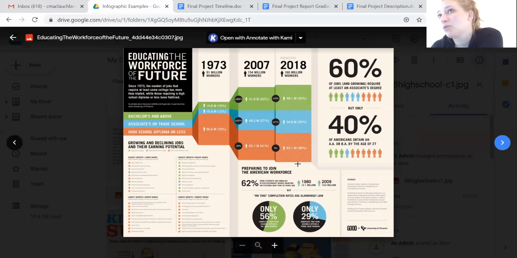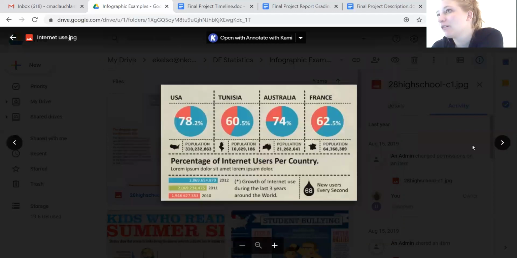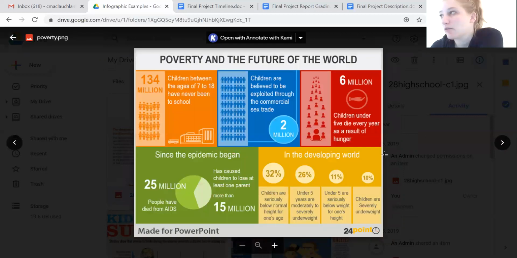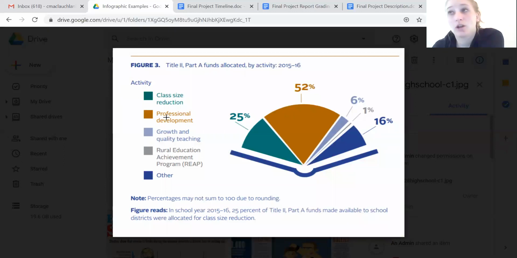And like I said, we're going to be using the Venngage software for that. So you're going to be able to create some really awesome things with that. Okay. All right. So let me know if you guys have questions. I know that I just threw a ton of information at you, but your first step is going to be to find a partner if you want to work with a partner and start working on that research question.